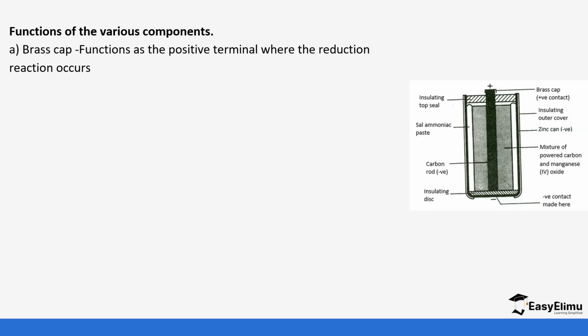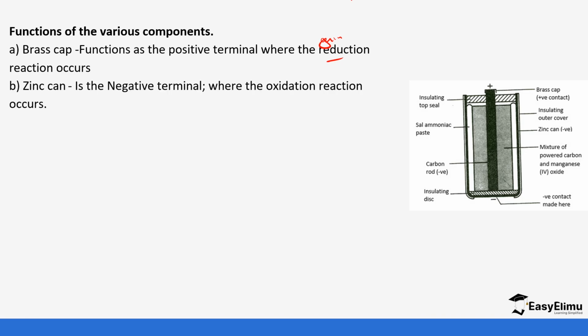When you look at the various components in the dry cell, you remember the brass cap, which is covering the carbon rod at the center. It acts as a positive terminal where reduction occurs, and we said reduction is a gain of electrons. The zinc can is the negative terminal where oxidation occurs, basically loss of electrons.